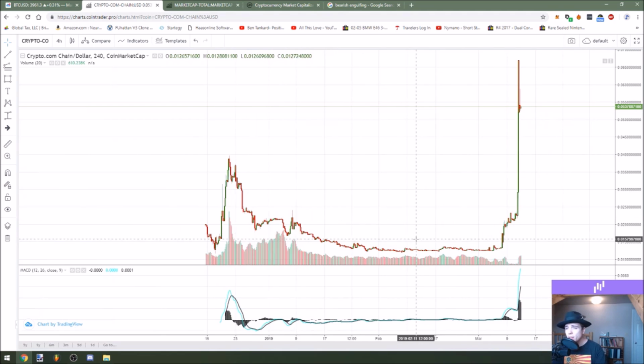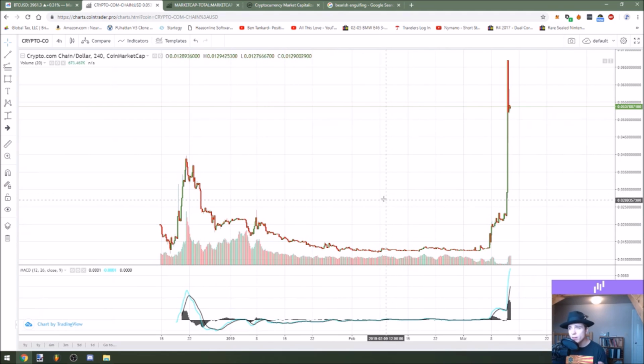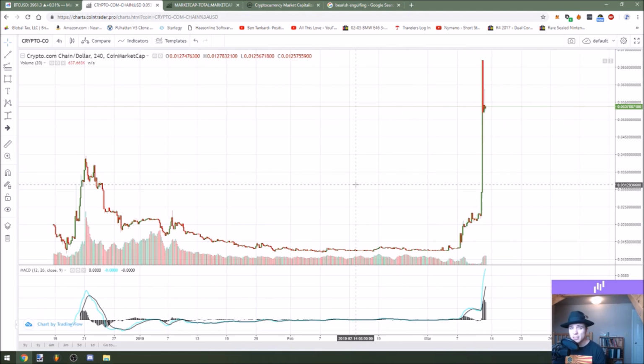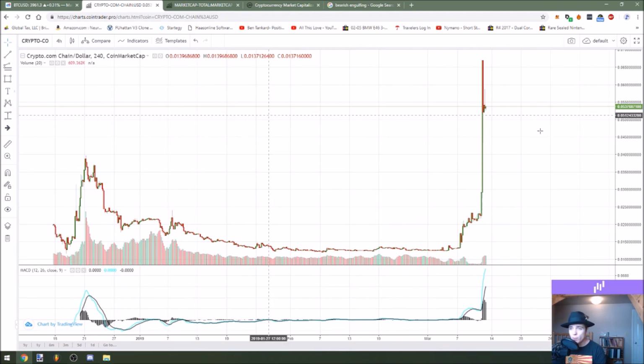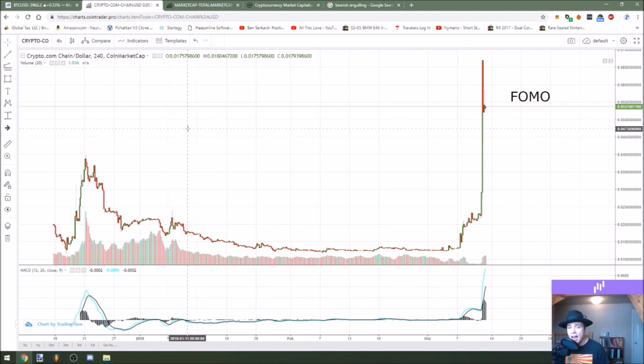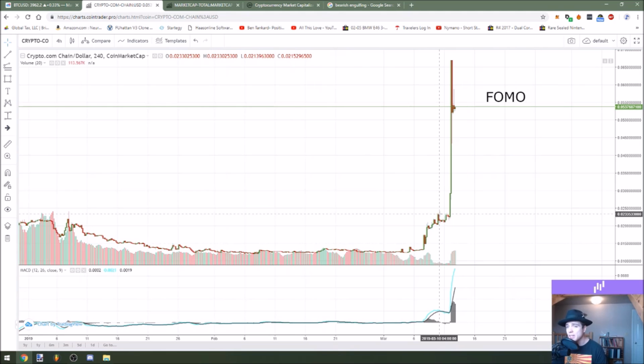Now this is really, really parabolic. It went up 146% in 24 hours, you guys. So this means you really should not be looking at this coin as a buying opportunity. This is what we call classic FOMO. If you're buying this high, it's probably because you're expecting future potential gains, and it never works out, especially after it's gone up this high in this short of a period of time.